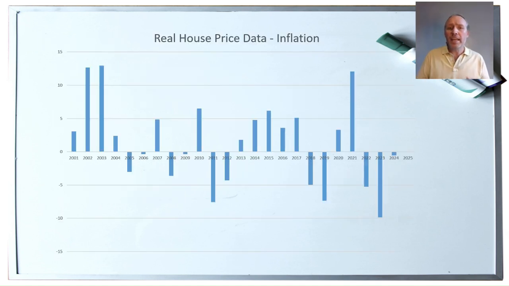What I did here is I had real house price data and I took away inflation. And so what it allowed me to do is year by year see which system would have been better than the other one. So to simplify it down, the bars above the line, that's where the 50% capital gains tax is more beneficial. The ones below the line are where the inflation-based capital gains tax is more beneficial.